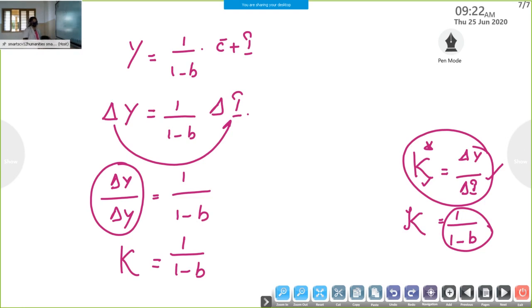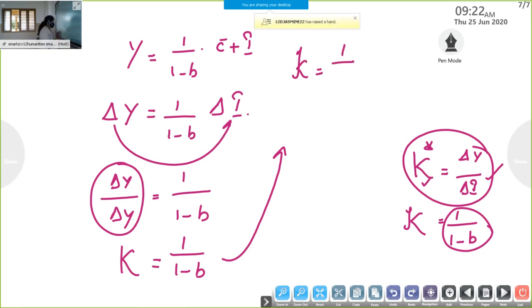From here we are getting that the investment multiplier and MPC are directly related. We can modify the formula again: investment multiplier is equal to 1 by 1 minus b, where b means MPC, and 1 minus MPC gives MPS.